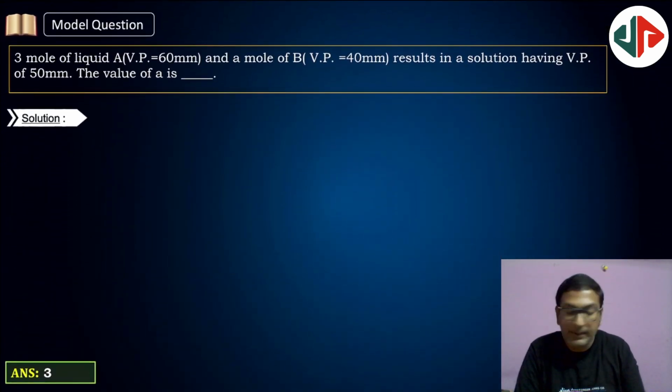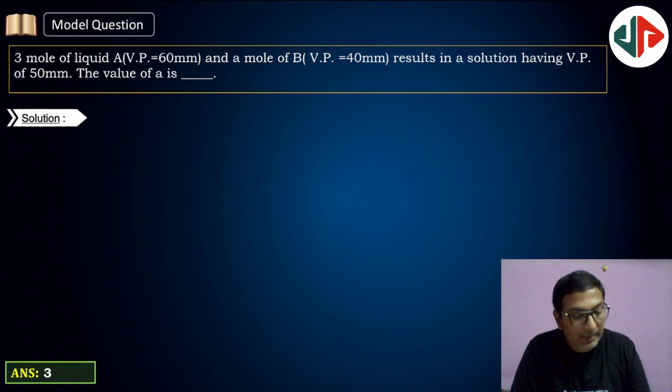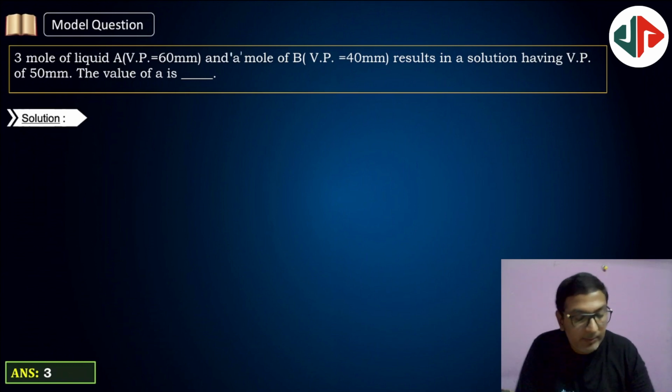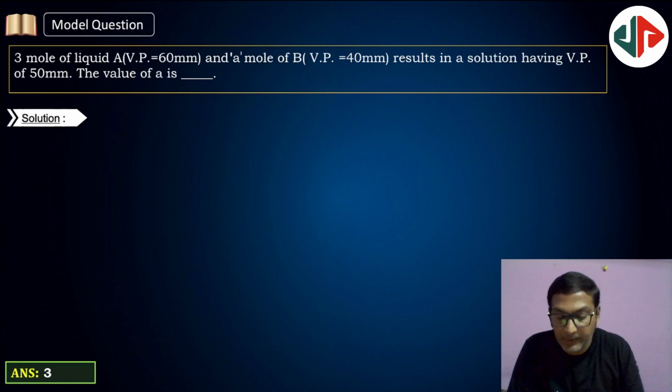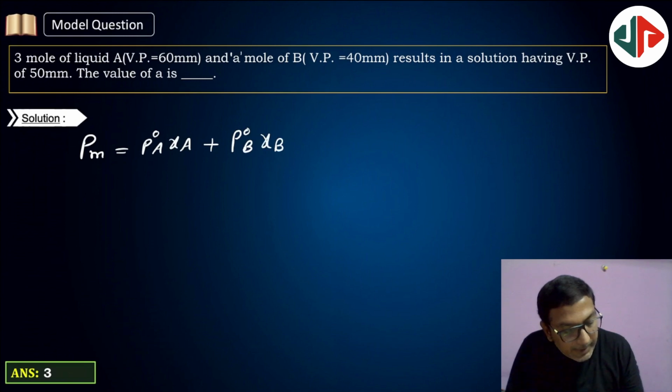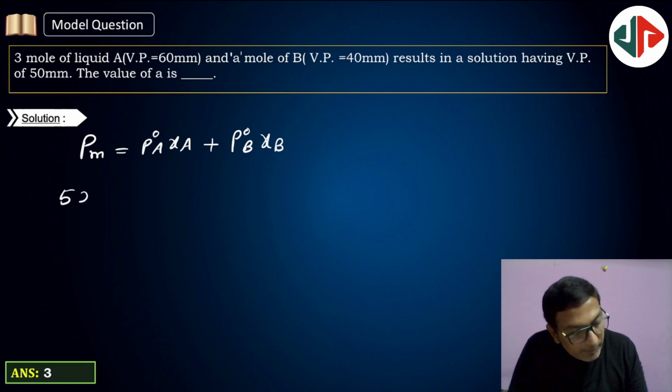So 3 moles of liquid A, vapor pressure 60 mm, and A moles of B, vapor pressure 40 mm, results a solution having vapor pressure of 50 total. So value of A is, so simply pressure of mixture equal to P naught A XA plus P naught B into XB. So total pressure 50 is given.